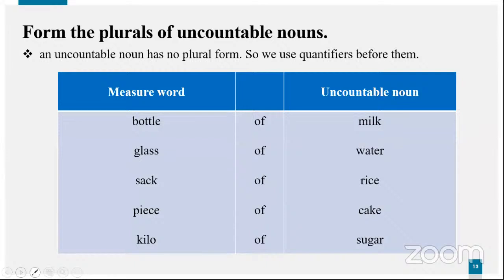An uncountable noun has no plural form. We know that, right? So we use quantifiers before them, right? We can use measure words, right? You can use a measure word.